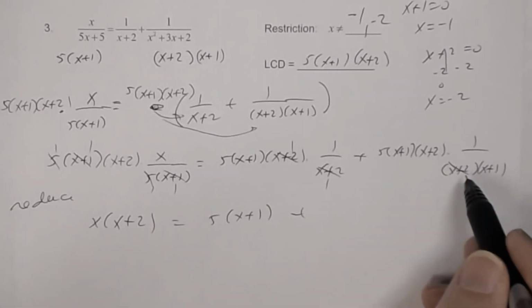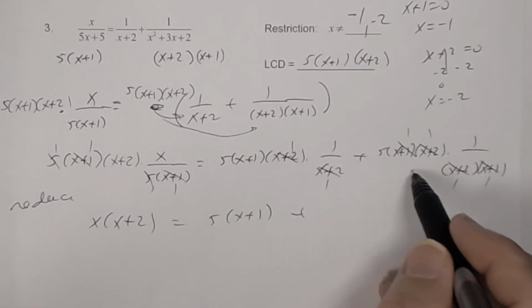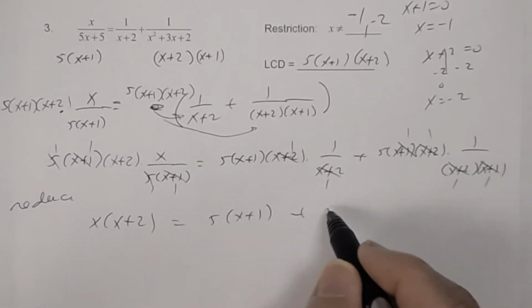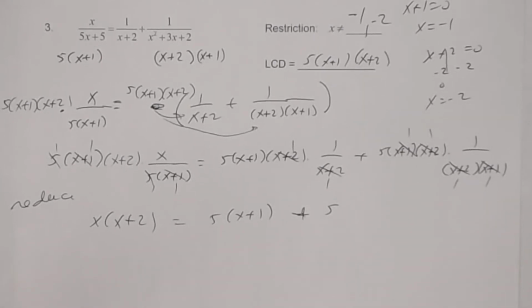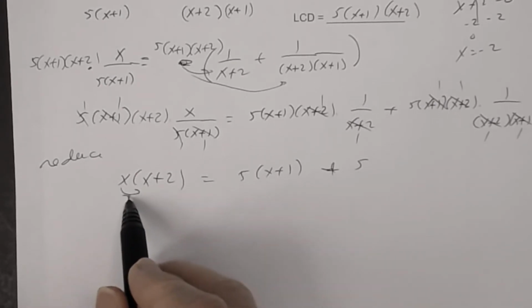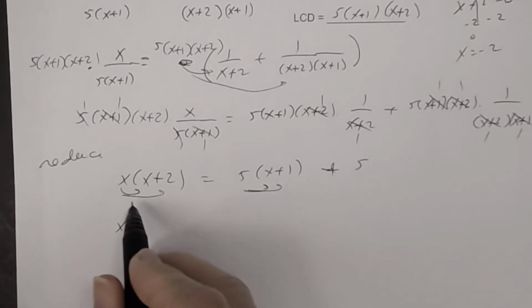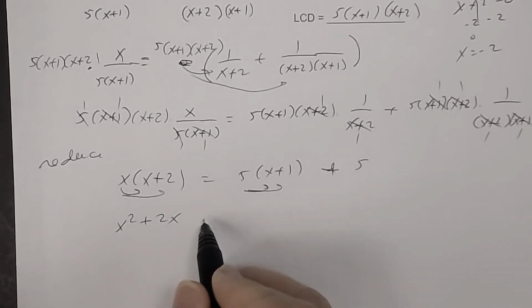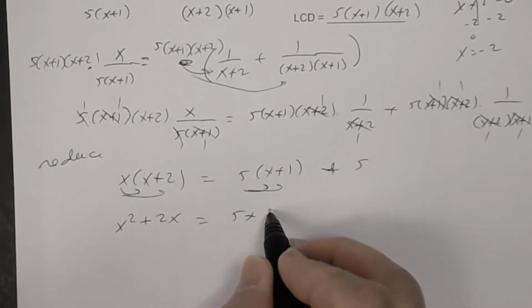Plus the x plus 2's divide out, the x plus 1's divide out, and you get 5 times 1 times 1 times 1 is 5. Okay, so that's where I'm at. Now I'm going to get rid of the parentheses. I'm going to distribute. So I get x times x is x squared. x times 2 is 2x. Equal 5 times x is 5x. 5 times 1 is 5.